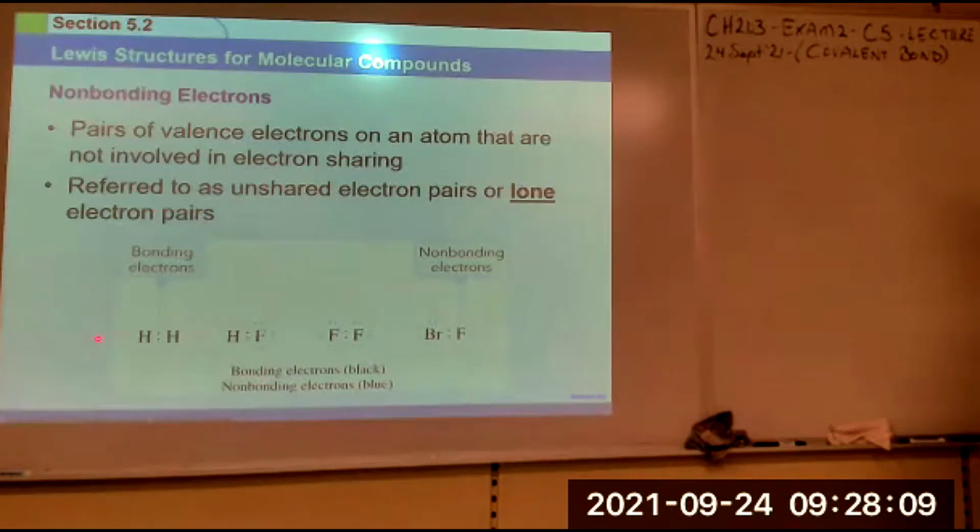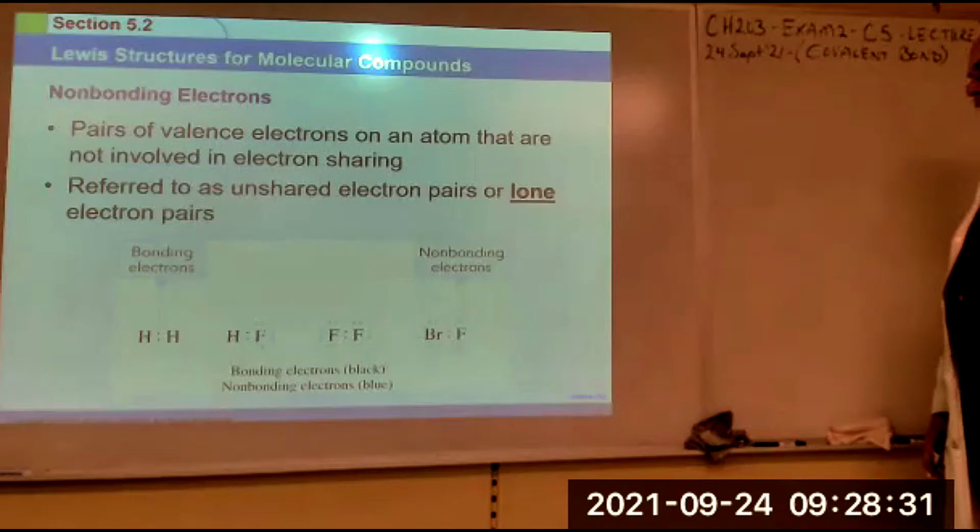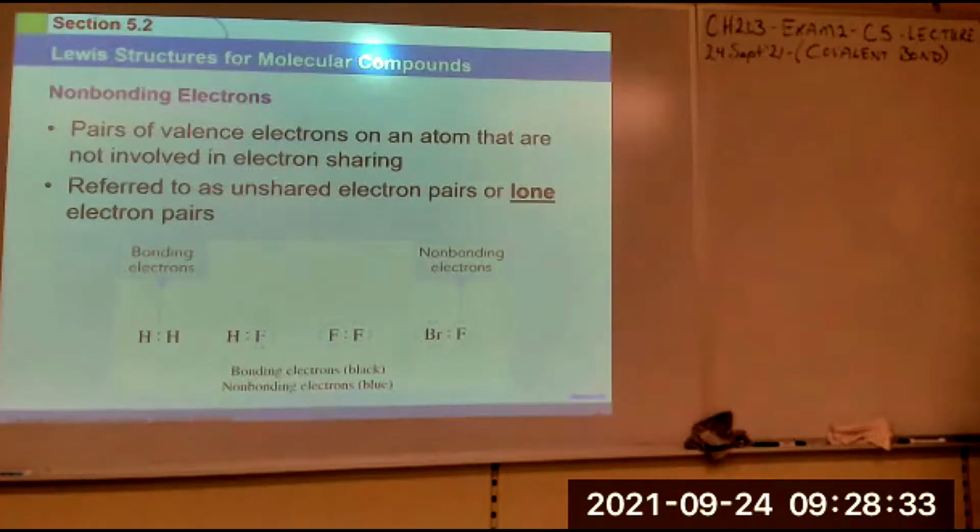So there are no non-bonding electrons around this molecule. And around this molecule, you have 6 non-bonding electrons. Around this molecule, you have 12 non-bonding electrons. And same here, they represent them in blue here. Sometimes they're called lone pairs.